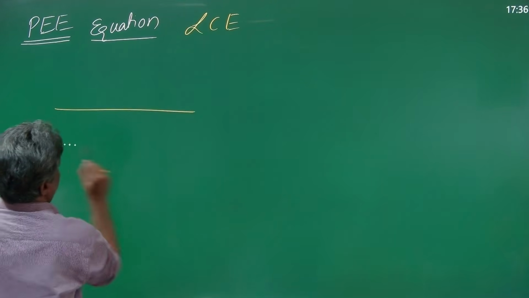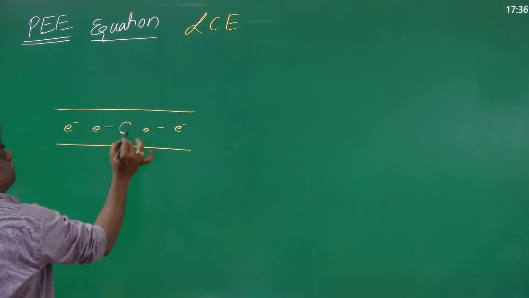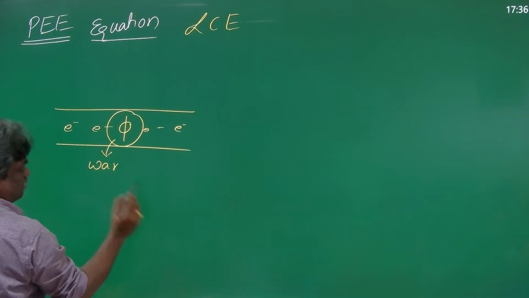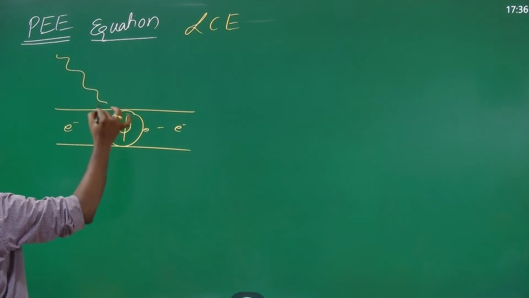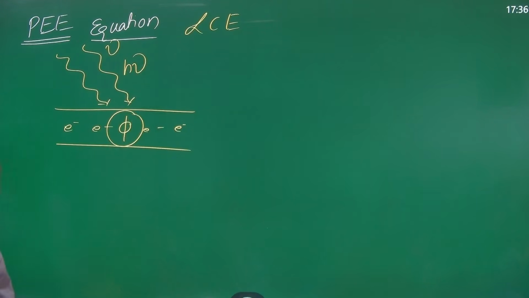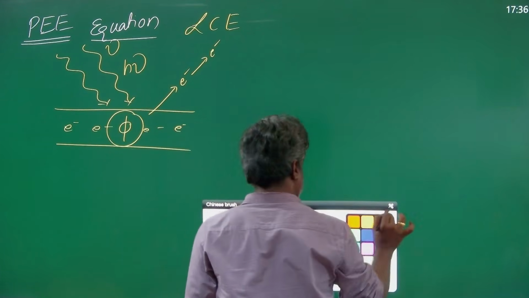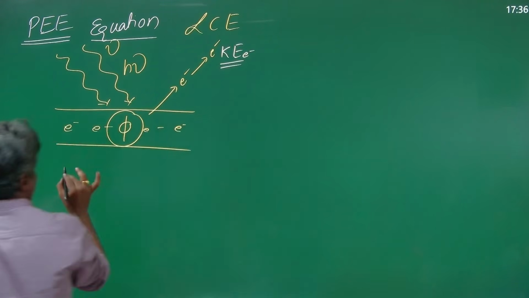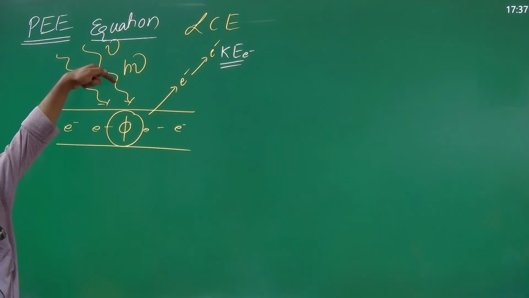Now see. This is the metal, and we have some electrons here, and this metal surface has some work function, as already discussed. You send light with frequency nu. The electrons are ejected with some kinetic energy K. According to the law of conservation of energy, how much are you sending? h nu.